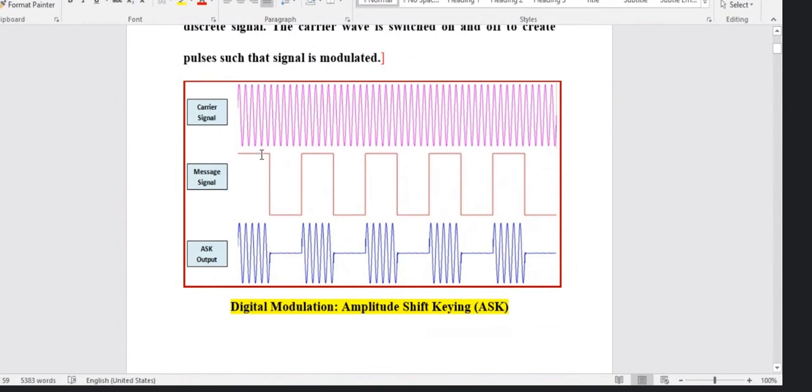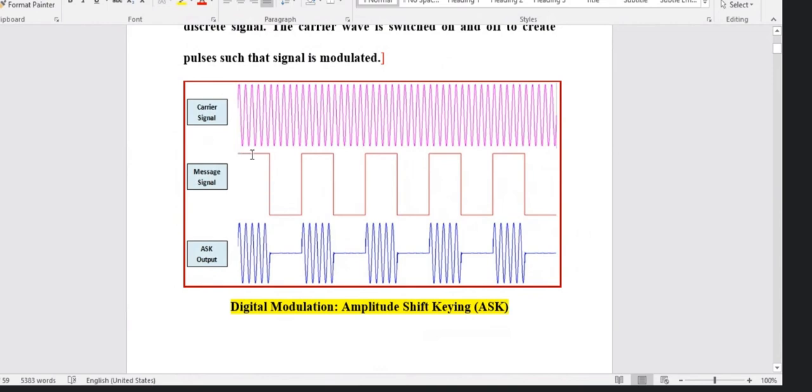So when 1 is being transmitted, we have this signal, and when 0 is being transmitted, we have 0 here. So this is a digital carrier signal, and it has two values for two different values of the message signal.